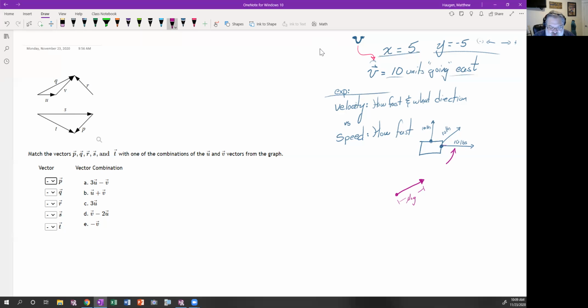So if this vector was 10 pounds of force, and I wanted to have something pushing back on it, like friction, with 5 pounds of force, that 5 pounds should be half the length of this 10 pounds. So we represent those vectors in terms of their magnitude, how large they are, in terms of that length. And of course, the direction we imply by having it point in that direction versus some reference.